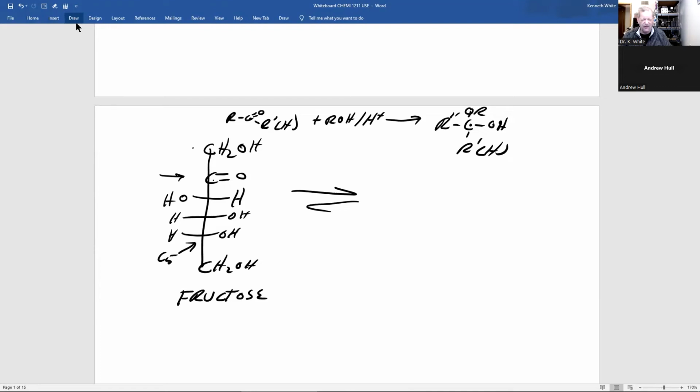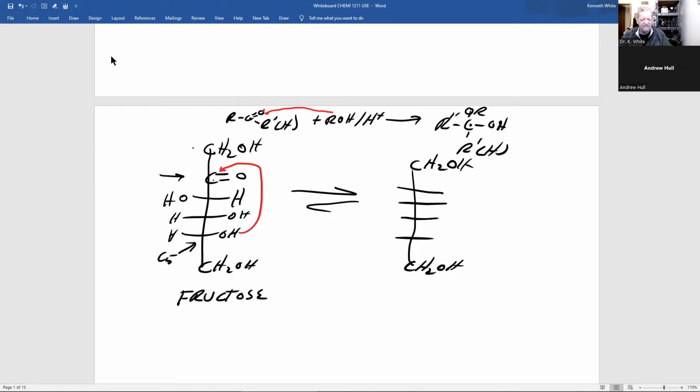Start at the top: 1, 2, 3, 4, 5. And the same reaction, similar. This attacks that carbonyl. What's not involved in the chemical reaction stays the same.